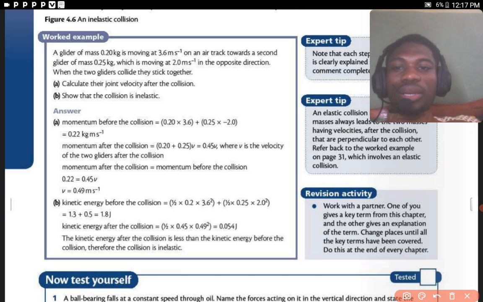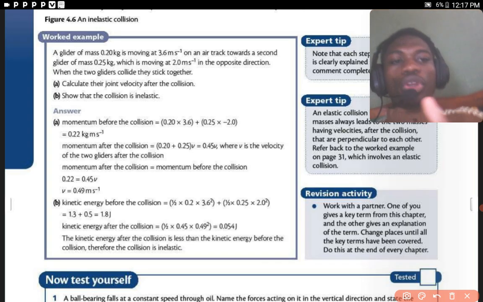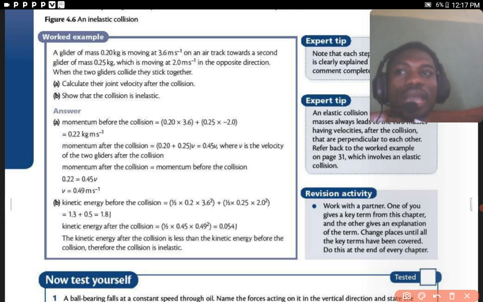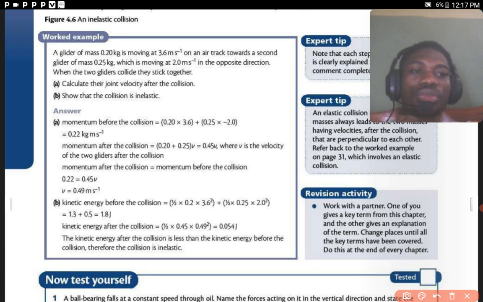Since they stick together, remember, momentum is always conserved. Good. But in this kind of collision, since it is inelastic, kinetic energy is not conserved.